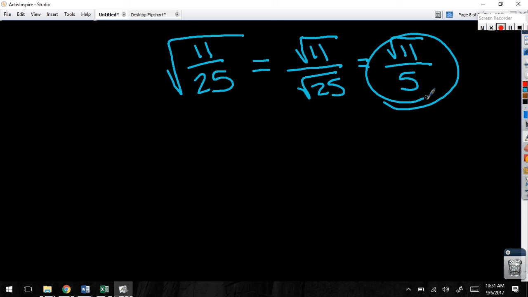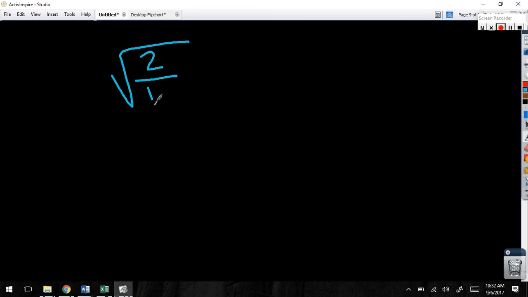Let's try square root of 2 over 15. Don't blurt out the answer. Let's look at it together. If we split it up, where's my problem area?